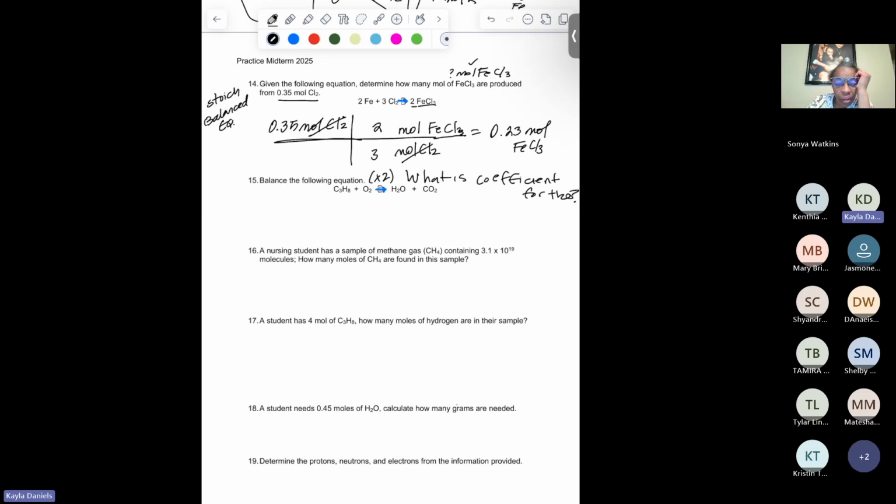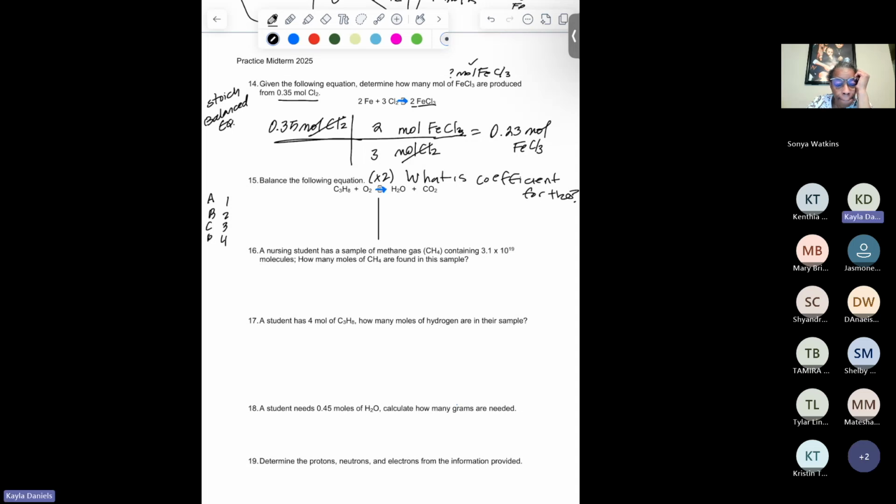And then it'll say A, B, C, D, and I'm just making this up. You would circle where your coefficient is. So regardless, you have to be able to balance, unless you want to take a guess, I guess.